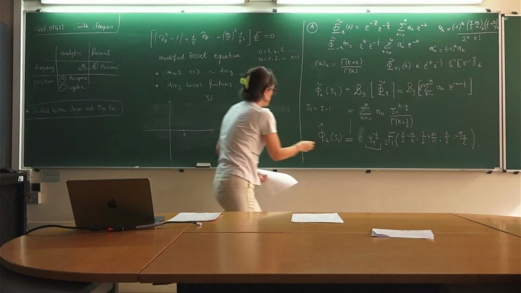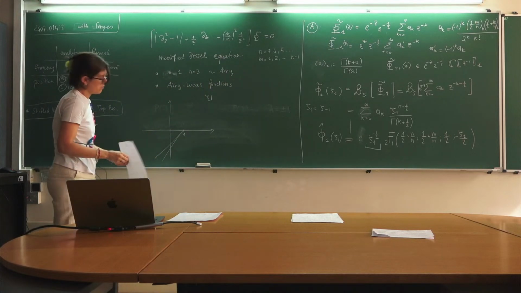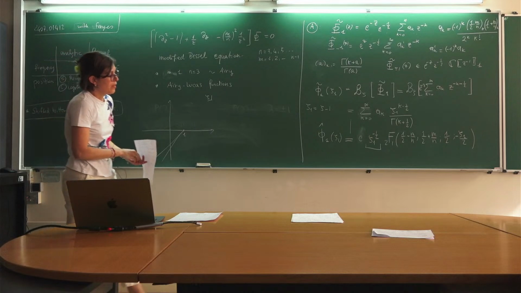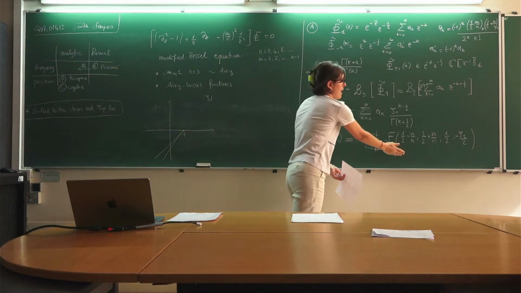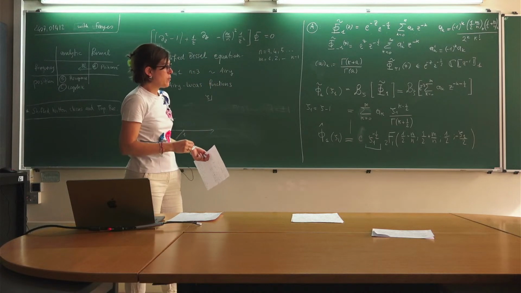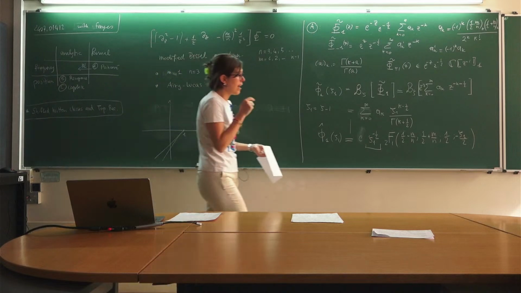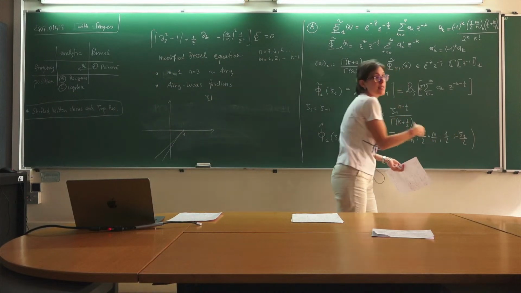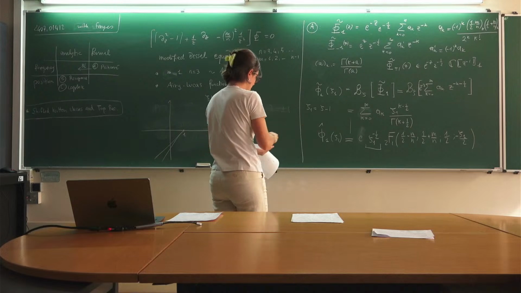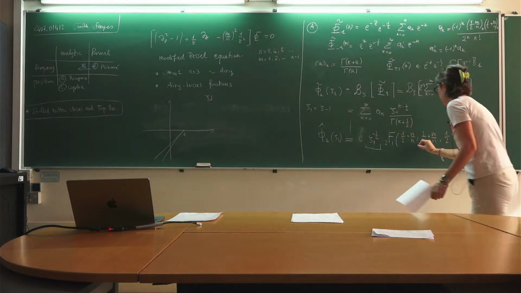This part here tells you that you have to remove this cone. And what about the hypergeometric function? In fact, we know that the hypergeometric function has a branch cut singularity where the argument is equal to 1. So there is another singularity that comes from here.